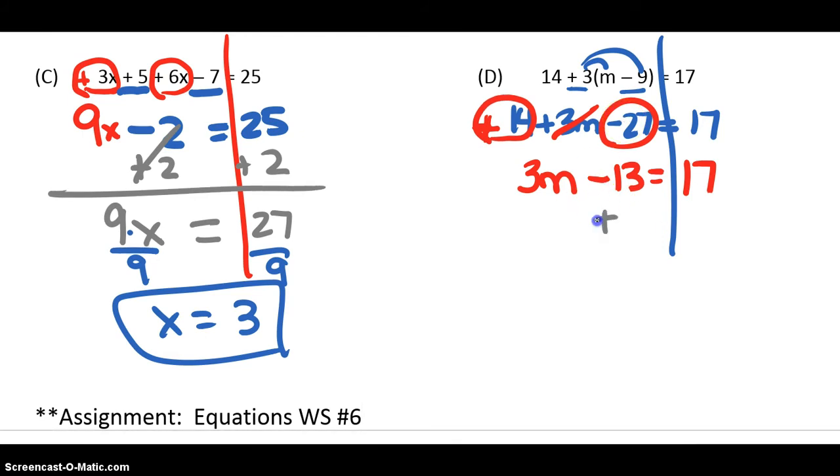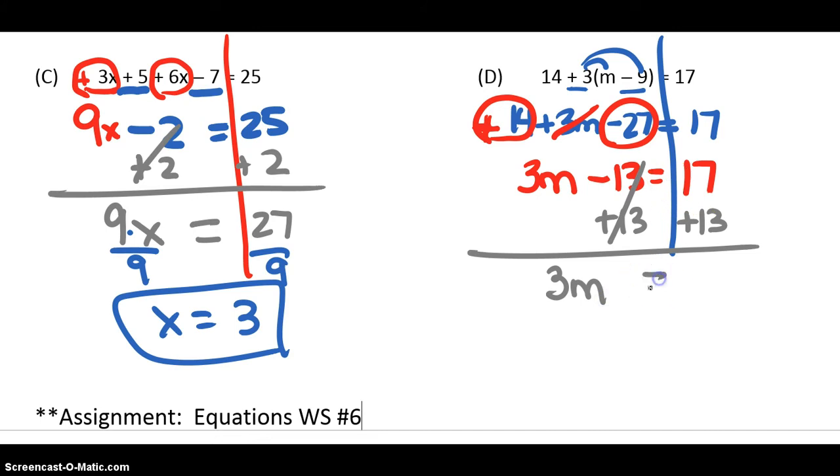I want to add 13 to both sides, because instead of minus 13, I add 13. That goes away, and I bring down my 3m. I bring down my equal sign, and I bring down 17 plus 13 is 30. And then I think about, okay, 3 times what is 30? So I divide both sides by 3.